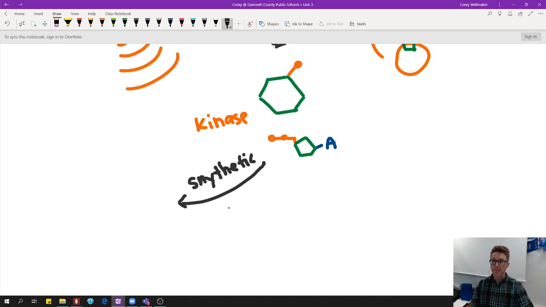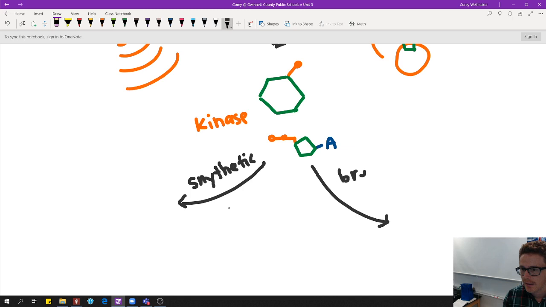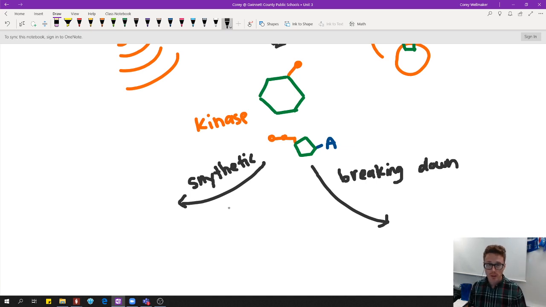In other words, build this glucose up into glycogen for long-term energy storage, or are we going to go down the breaking down pathway? Is it time to destroy glucose in order to extract those high energy electrons from it and use that energy to produce ATP.